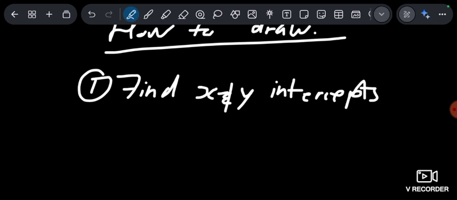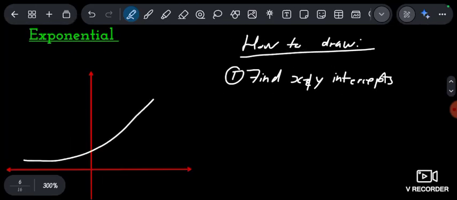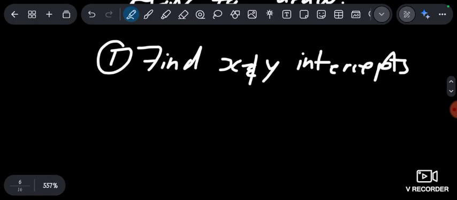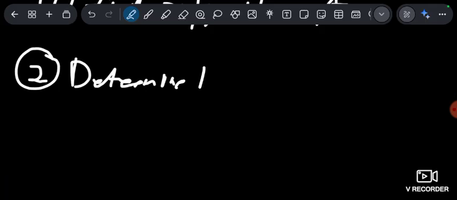Sometimes there's times where you can't solve for the x-intercept, right? So it's fine. You don't have to stress about that. It does happen. As you see, our graphs that we drew over here were always like this, and there was no x-intercept over here, only the y-intercept. Then number 2, determine the gradient.